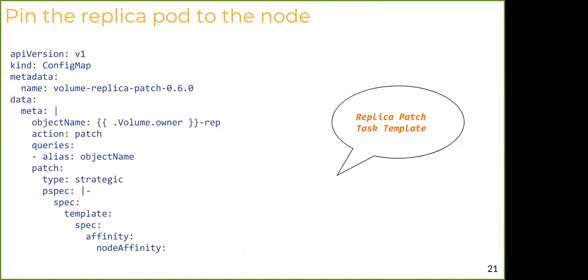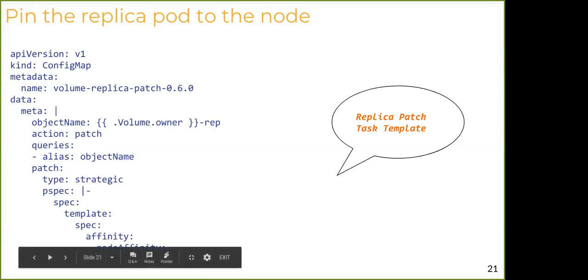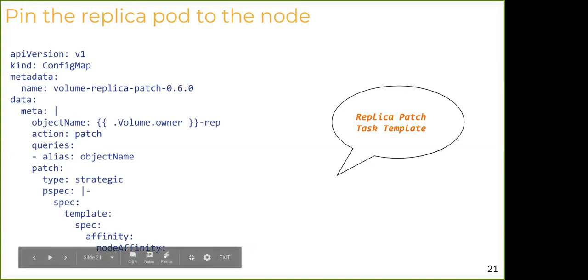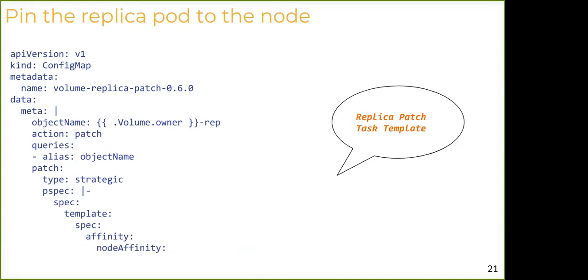Coming back to the replica patch task template, we see something called meta. This is very core to the policy engine, the OpenEBS policy engine. It understands all these properties known as queries, action, object name, patch, and all those things. Here the action is patch, and we have something called patch spec, P spec.